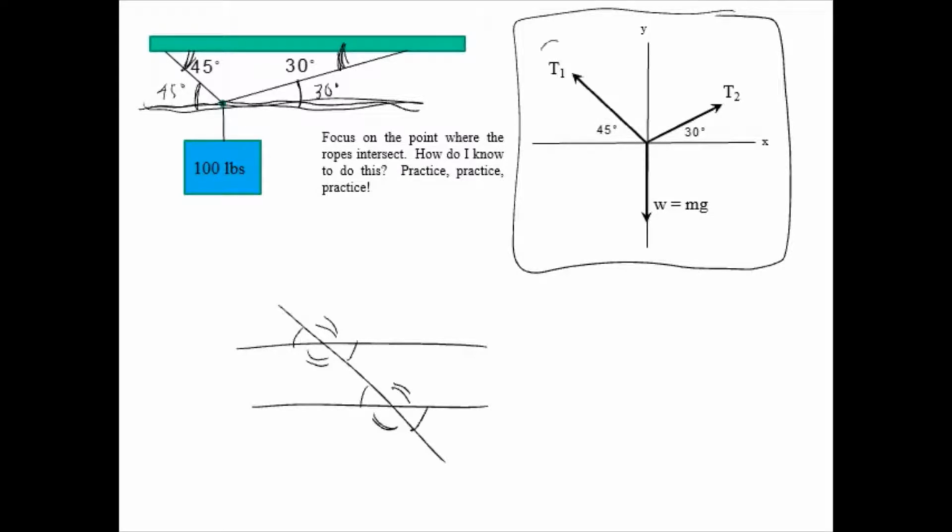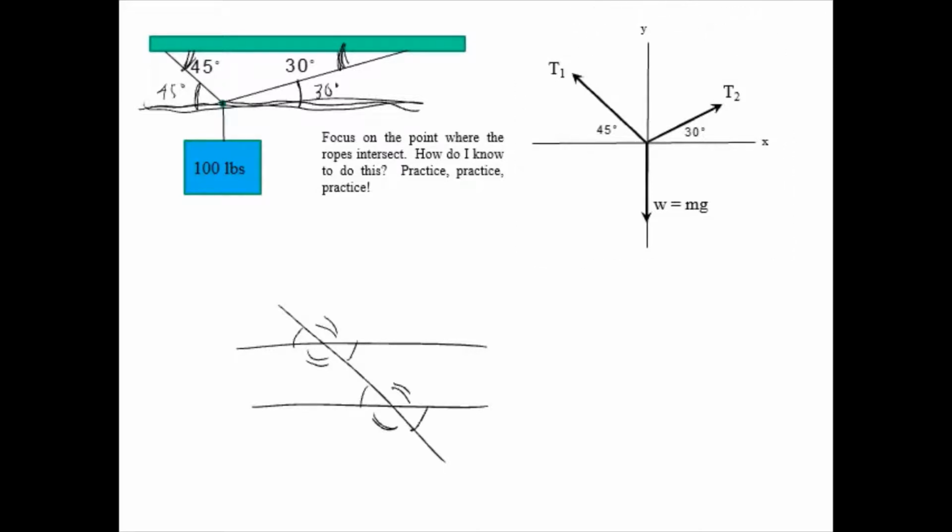We also have to give the tensions names, so I gave the tension on the left the name T1 and the one on the right T2. You might want to call this one T sub L. Remember, the little subscripts are just your own little reminders, just labels. So you could use T sub L and T sub R if you wanted. It's really nothing magical about what you name your forces. It's just a matter of keeping track of them.